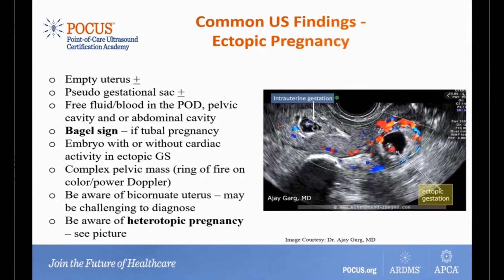So clearly it's not a pseudo-gestational sac, this is definitely intrauterine pregnancy. And you can also see outside the uterus there is actually a ring of fire on the color Doppler, and you can see an ectopic gestation over here. So this is very important to be able to recognize that.